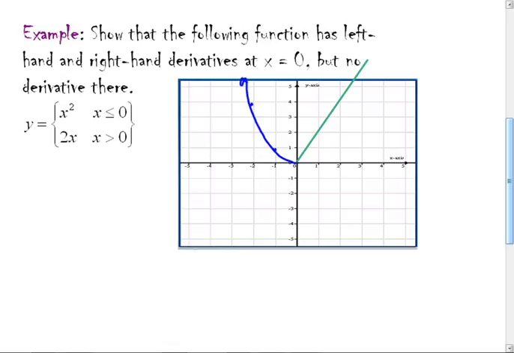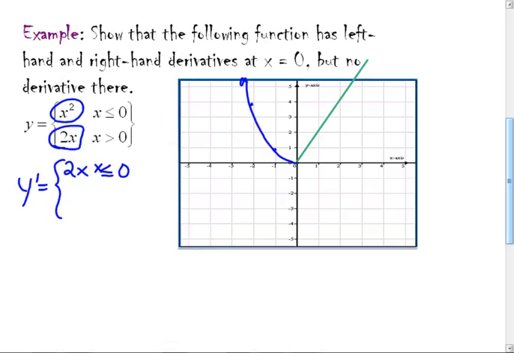So how do I find the derivative? Does anybody know what the derivative of x squared is? It's 2x. I could do the work, but I don't want to. That's 2x for x less than 0 or equal to 0. And I can easily do the derivative of that because it's the slope.